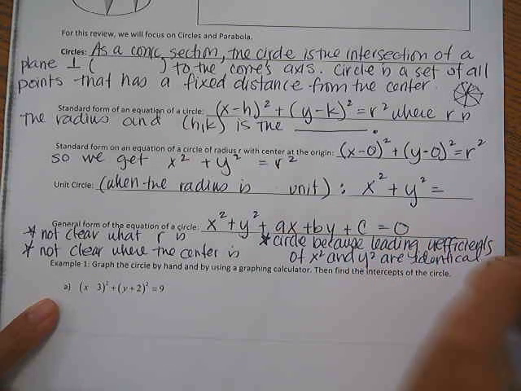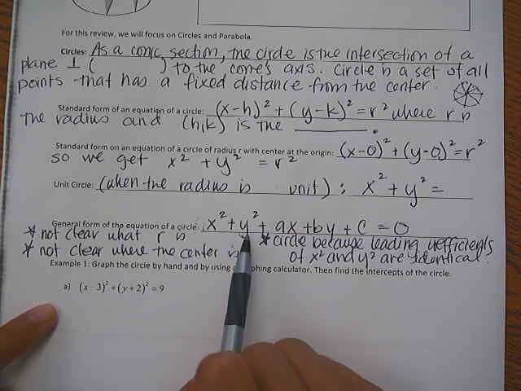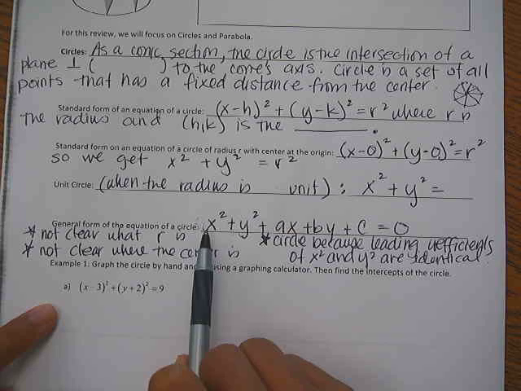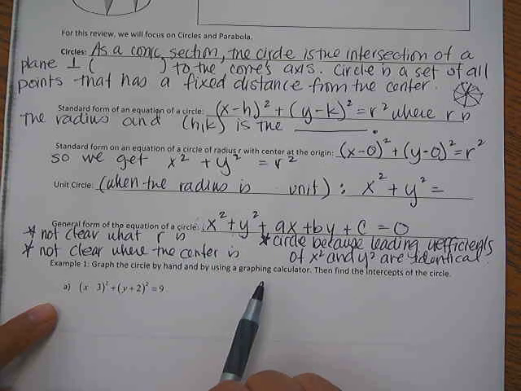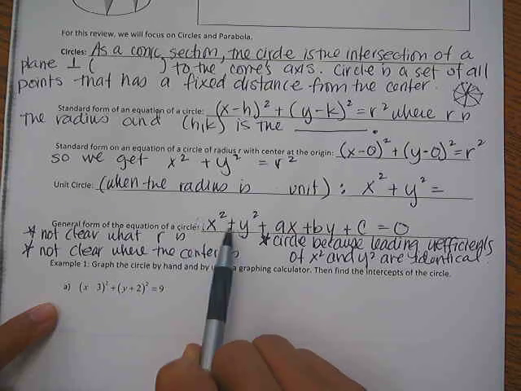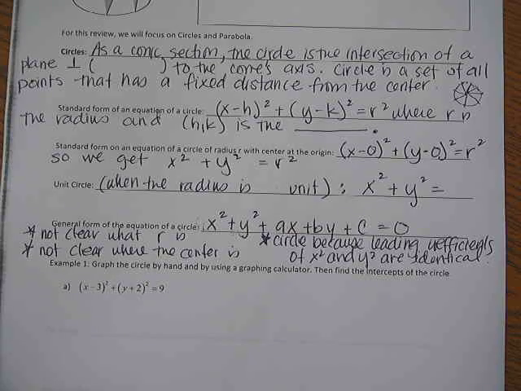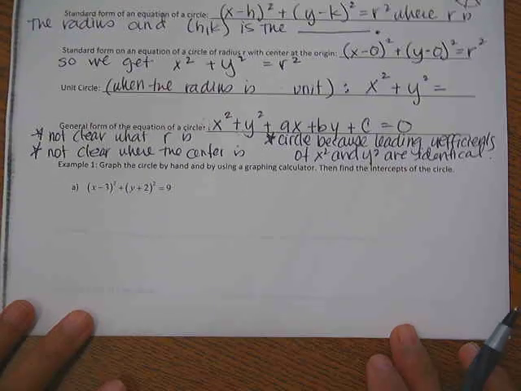We know it's a circle for sure because this leading coefficient is 1, and this leading coefficient is also 1. Because they have the same leading coefficient, this equation is a circle. If these leading coefficients are different, then it would be an ellipse. All right, we're going to go to example 1.